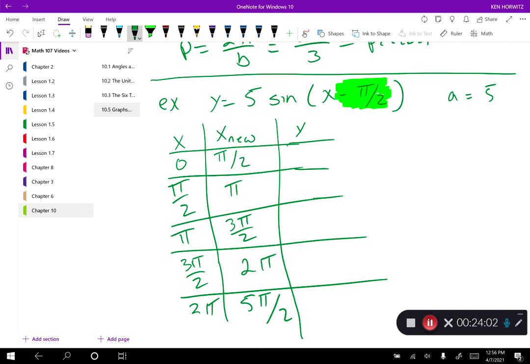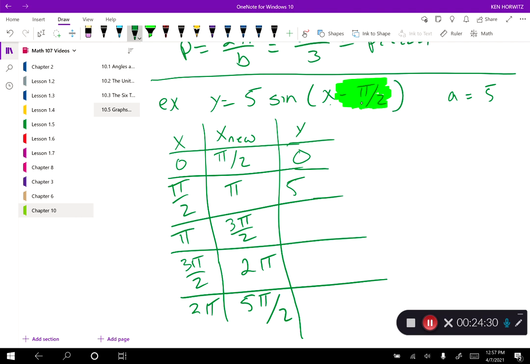All right, so if I put pi over 2 in, pi over 2 minus pi over 2 is 0, so the sine of 0 is 0. If I put in pi, pi minus pi over 2 is pi over 2. The sine at pi over 2 is 1 times 5 is 5. Now I'm going to put in 3 pi over 2. 3 pi over 2 minus pi over 2 is pi.